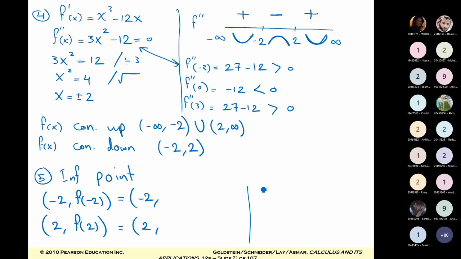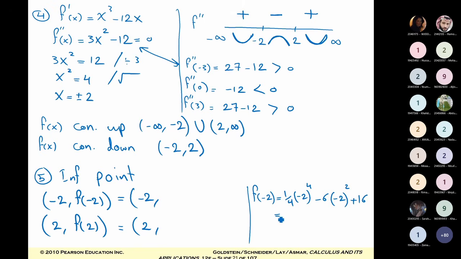From here, f of minus 2, we have 1 over 4 negative 2 to the power 4, minus 6 negative 2 square, plus 16.